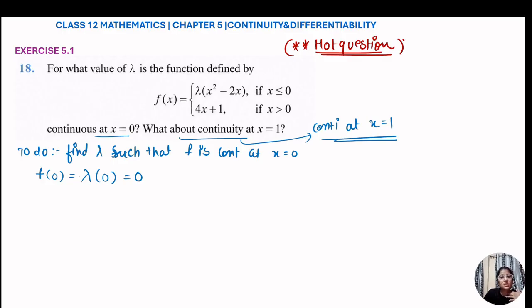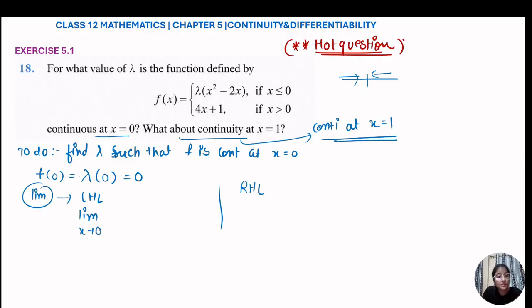For the limit value, when you are approaching 0 from the left hand and right hand, you have different kinds of functions. So we will first find the left hand limit, then the right hand limit, and from them we will conclude our limit. Our left hand limit will be the limit as x tends to 0 minus, where our function is lambda x squared minus 2x.